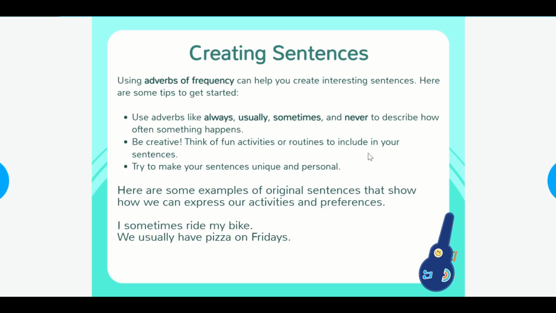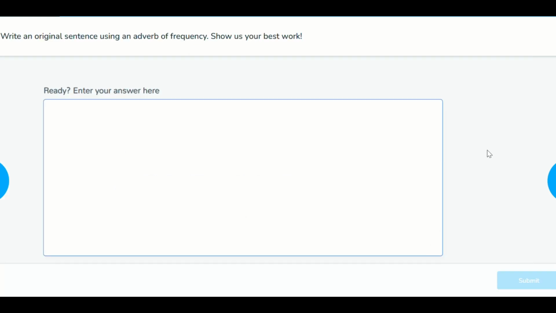Try to make your sentences unique and personal. Here are some examples I wrote earlier using these adverbs. I sometimes ride my bike. We usually have pizza on Fridays. It's a normal, regular thing, right? We usually have pizza on Fridays.